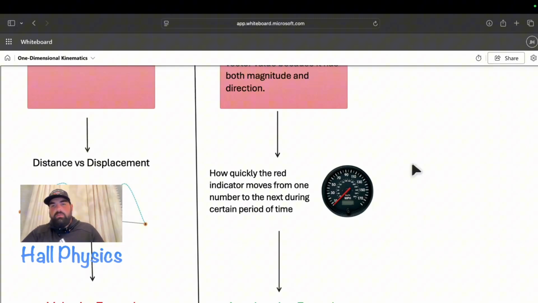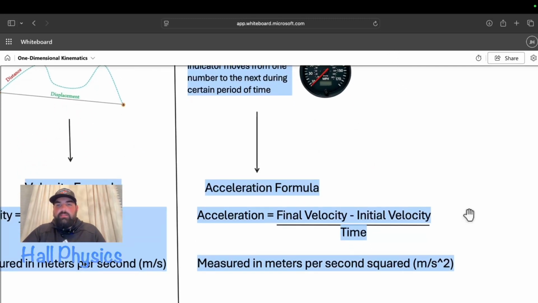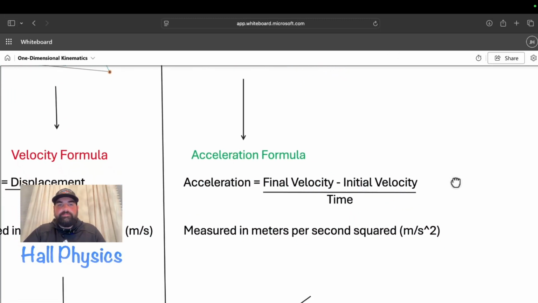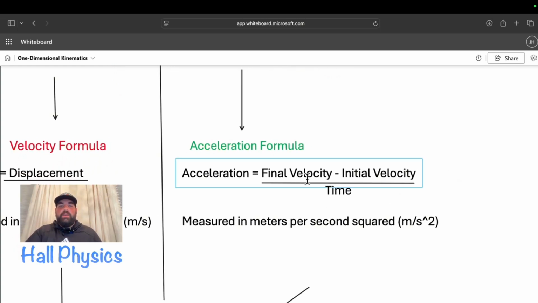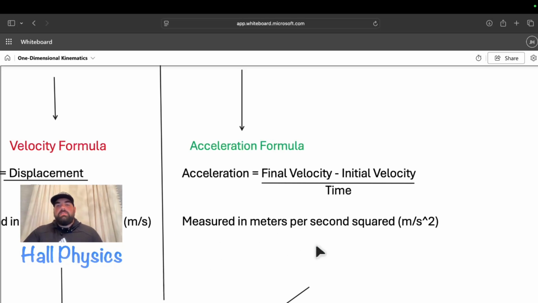All right, so knowing that about acceleration, we can determine that our formula here is acceleration equals the final velocity minus the initial velocity, divided by time. Again, time is in seconds. These final and initial velocities will be in meters per second, okay? The unit for acceleration is going to be meters per second squared. Okay, it'll look like this right here.